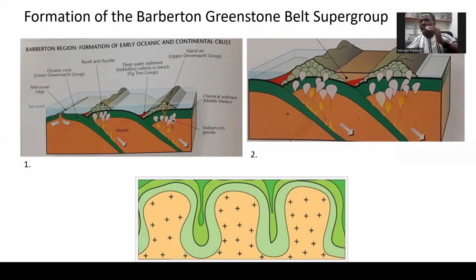Then now, if they are erupting on the ocean floor, what are they doing? You've guessed it right. Yes, they are burying the metal marker.